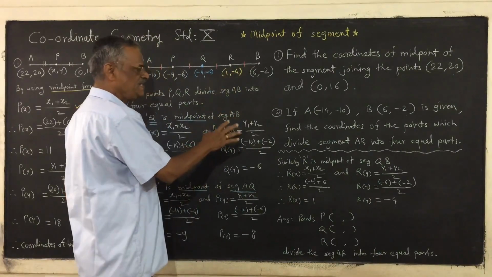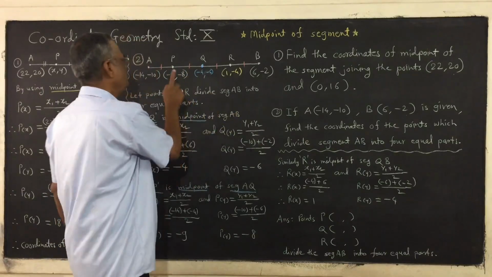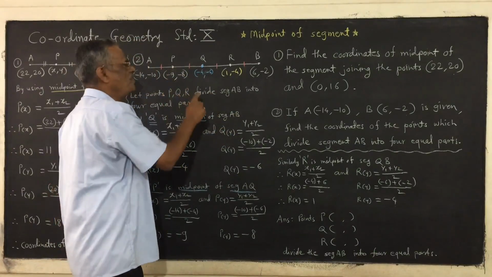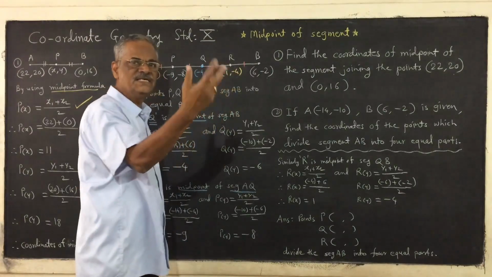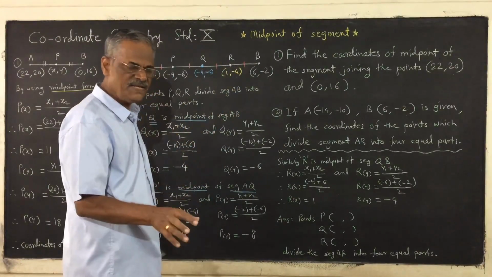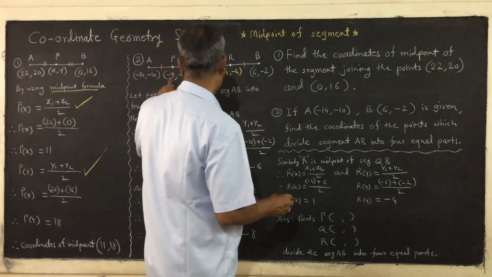So we found the coordinates of Q first, then the coordinates of P as the second step, and the coordinates of R as the third step. Very interesting. So write your answer.